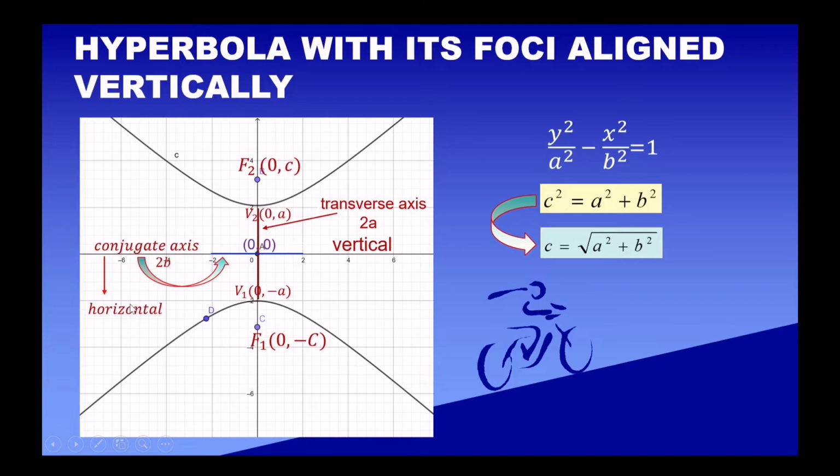And this conjugate axis is horizontally directed this time. Another, we have the broken lines here, the asymptotes, line 1 and line 2, and we have also the auxiliary rectangle. Pareho lang yung mga terms natin ginamit sa horizontal.